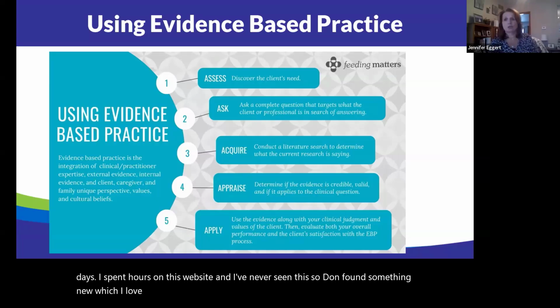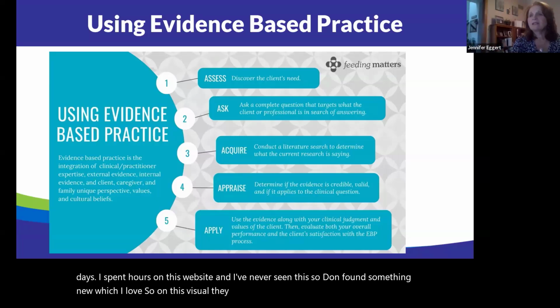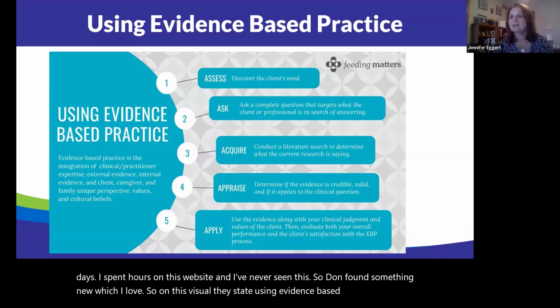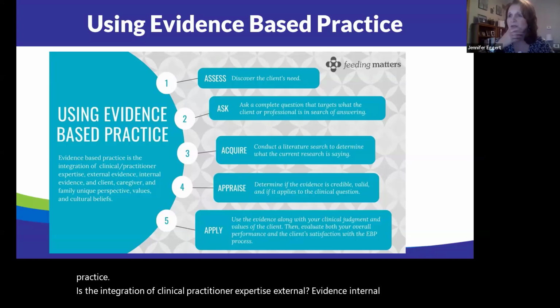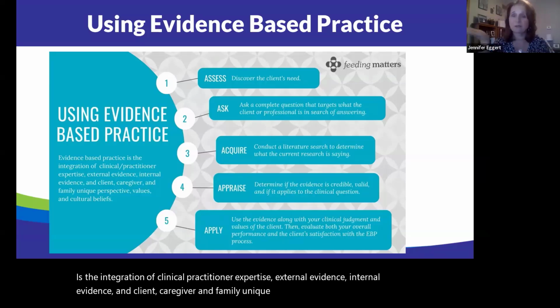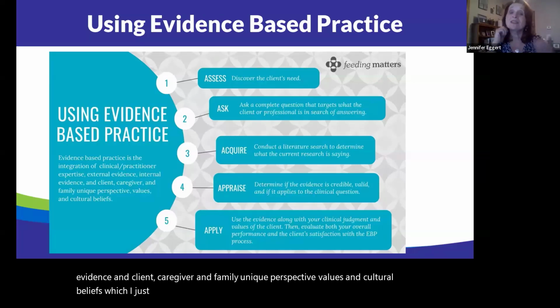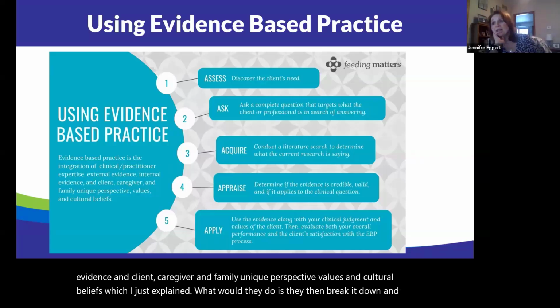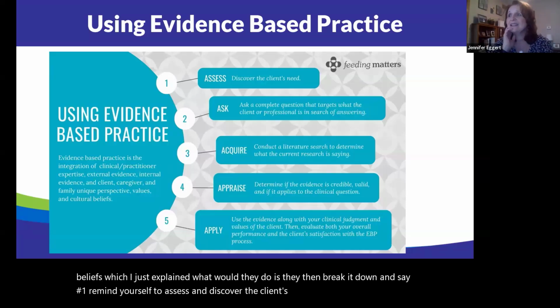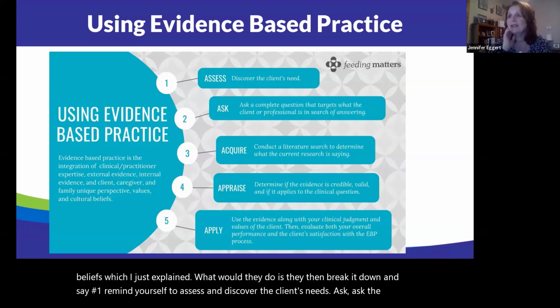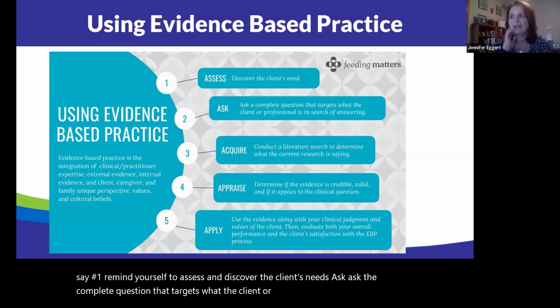So on this visual, they state, using evidence-based practice is the integration of clinical practitioner expertise, external evidence, internal evidence, and client, caregiver, and family unique perspective, values, and cultural beliefs, which I just explained. But what they do is they then break it down and say, number one, remind yourself to assess and discover the client's needs. Ask a complete question that targets what the client or professional is in search of answering.